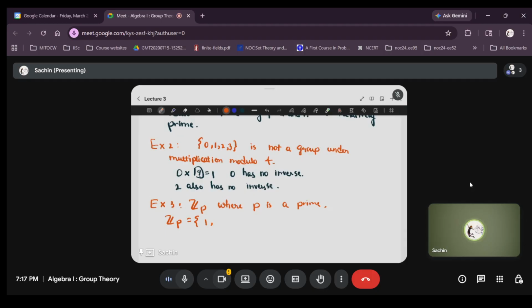So this will be 1, 2, 3 up to p minus 1.